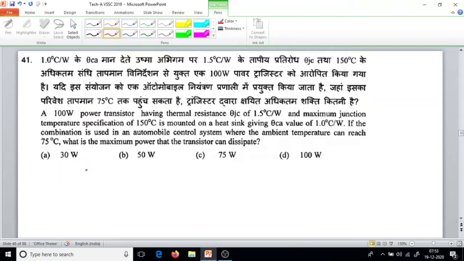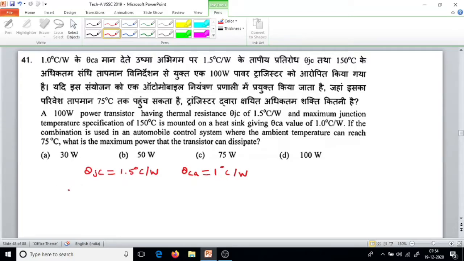Now he has given theta JC, that is between the junction and the case, that is 1.5 degrees Celsius per watt, and theta CA 1 degree Celsius per watt, that is between the case and the ambient.